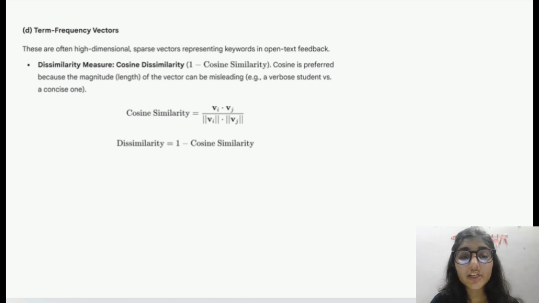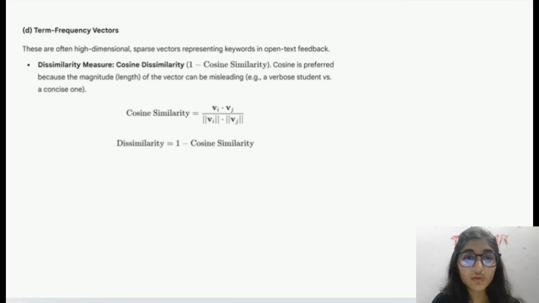It is calculated by v_i dot v_j upon the product of the lengths of v_i and v_j, in which the value will always be positive. So the dissimilarity is equal to 1 minus cosine similarity.